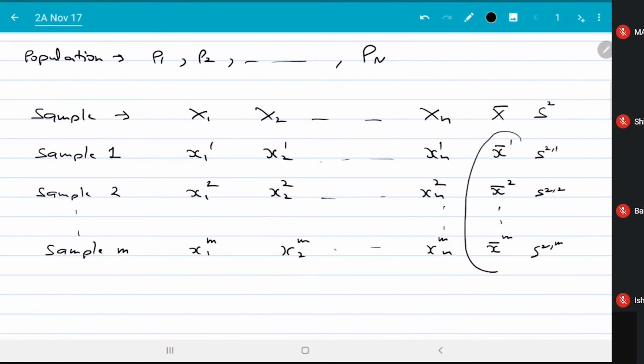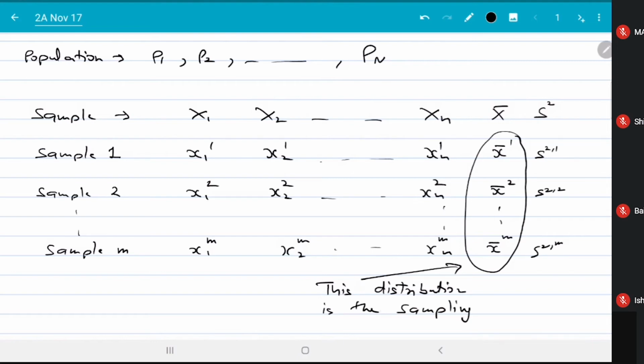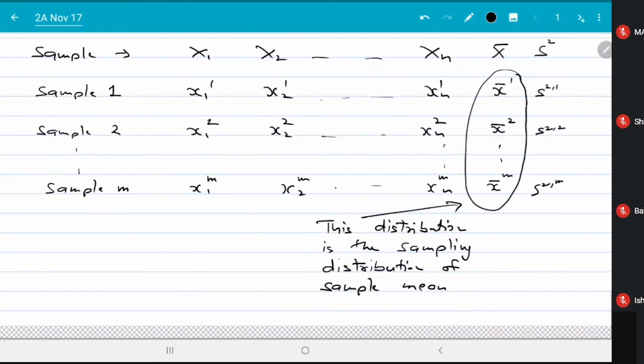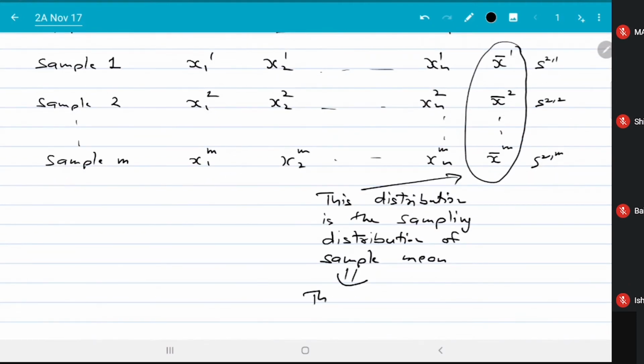So this distribution is the sampling distribution of the sample mean. This would have some variance as well, if there's a distribution.